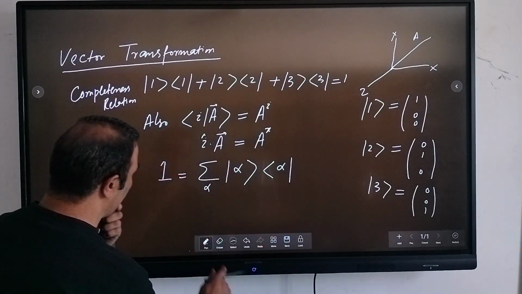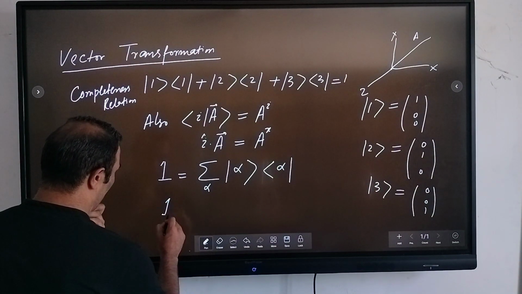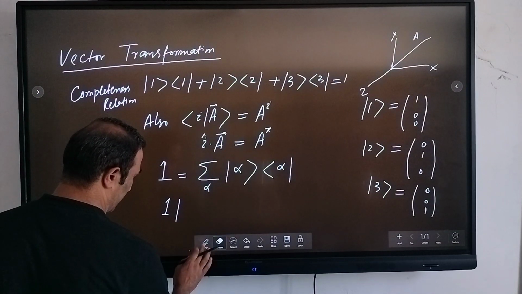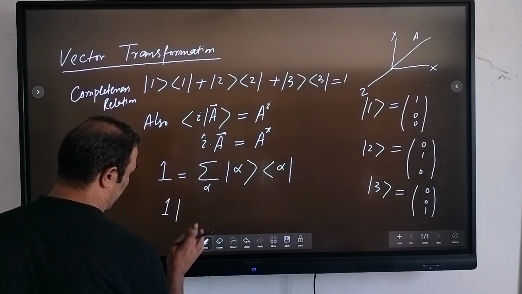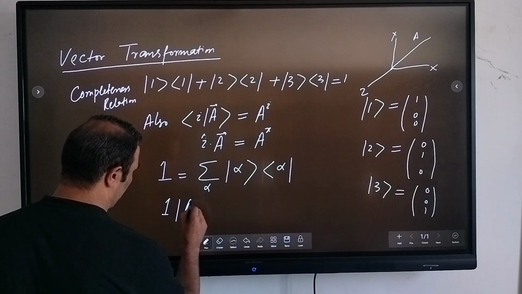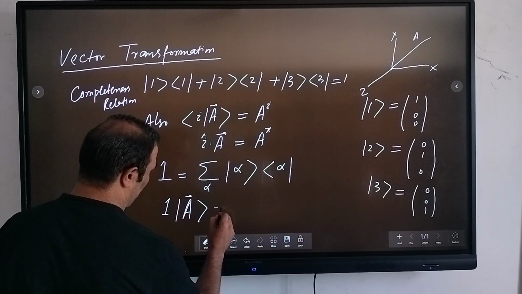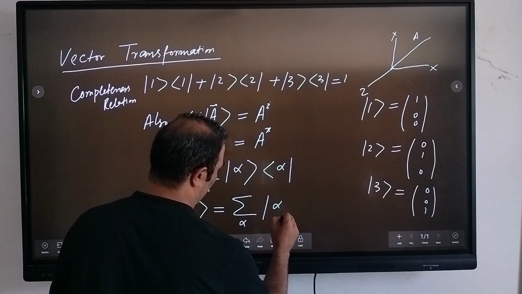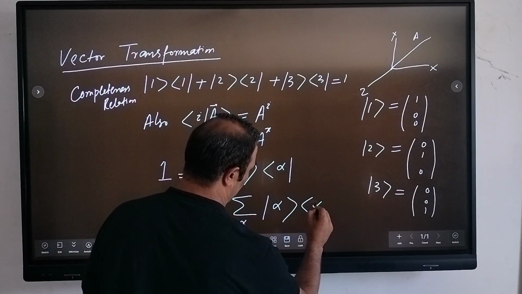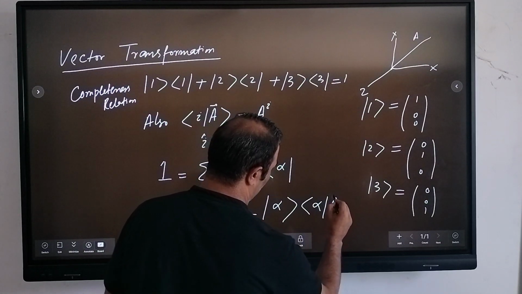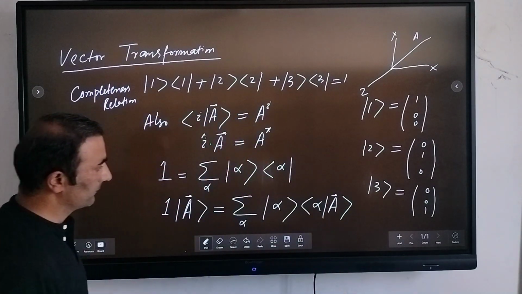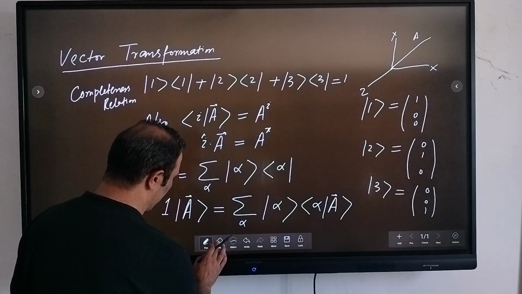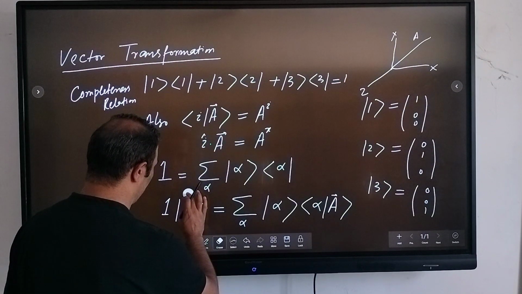So if you multiply it by some vector a, we can calculate it now. No need to write it out because it's clear to us; you can write it this way also.